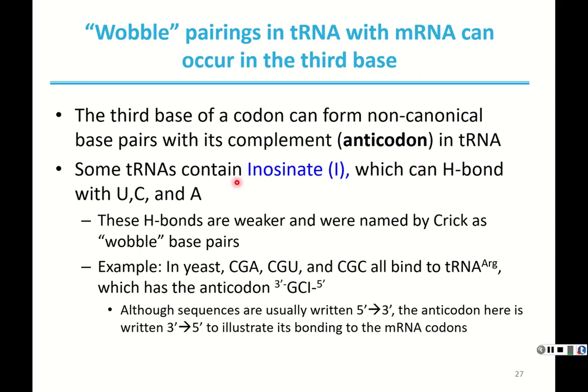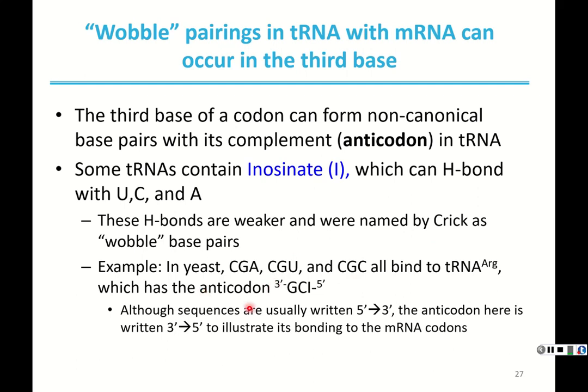Some transfer RNAs contain a special base called inosinate, which is labeled I, and that can hydrogen bond with U, C, and A. So it can hydrogen bond with all three of these. These H bonds are weaker and were named wobble base pairs by Crick because they're not held as tightly.